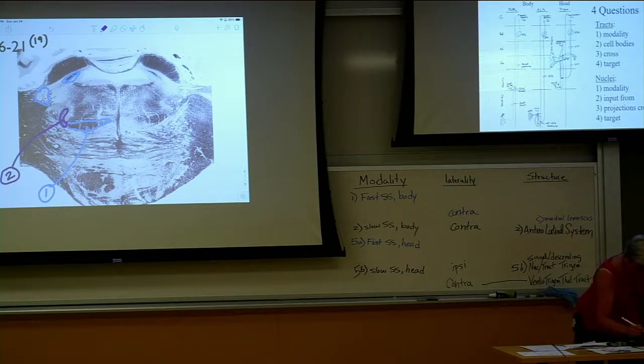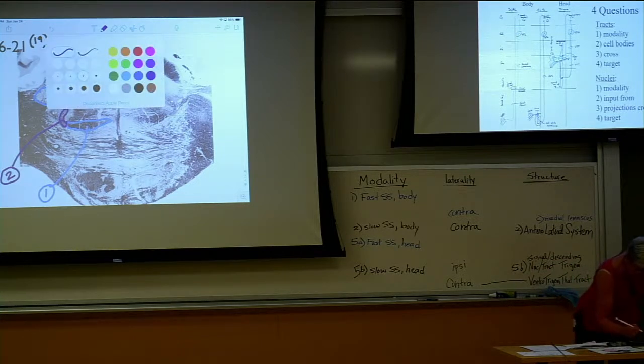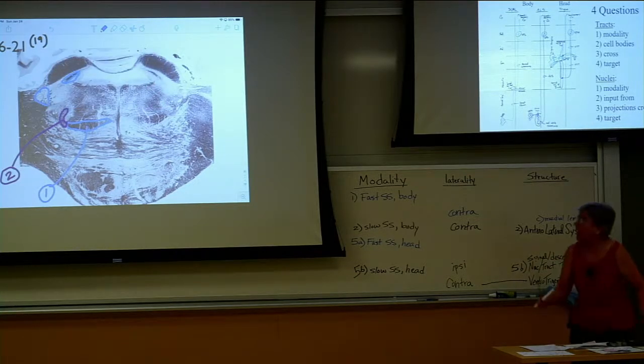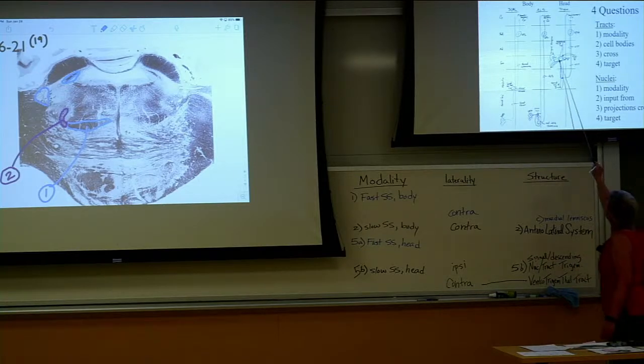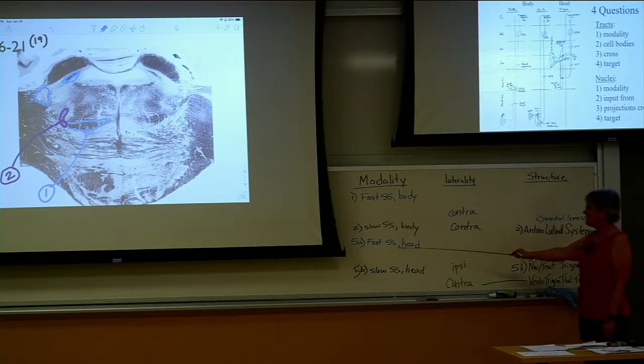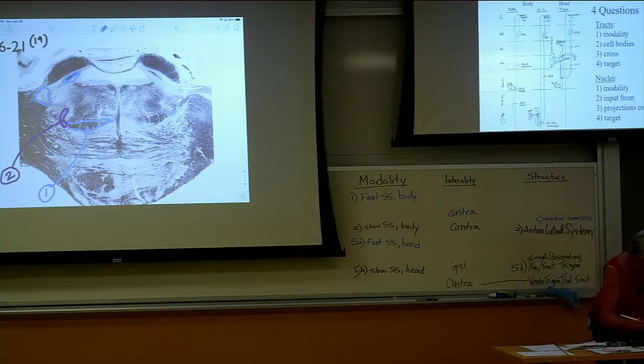Okay, but now we have something new here. We have a new nucleus, which is the principal nucleus of the trigeminal system, and that's going to be handling fast somatosensory information from the head. So let's look at that.